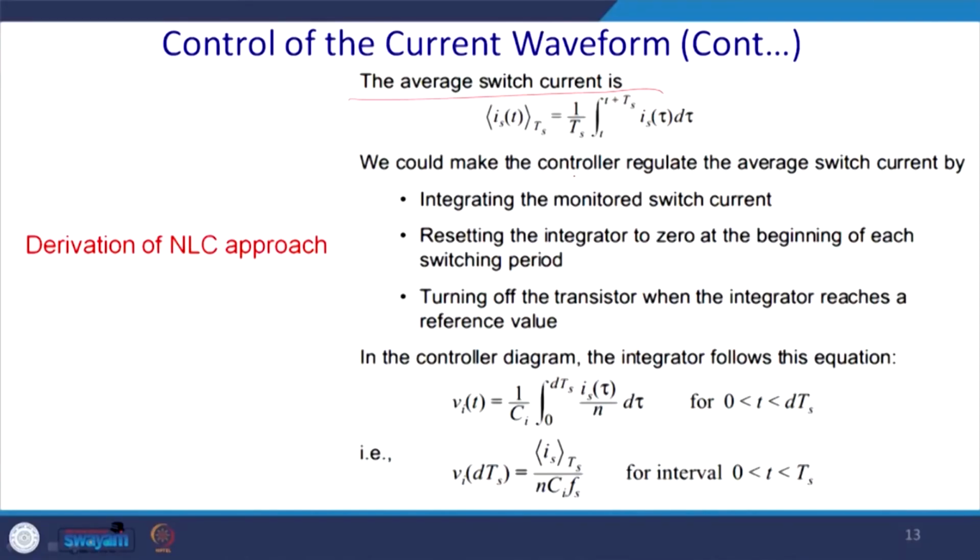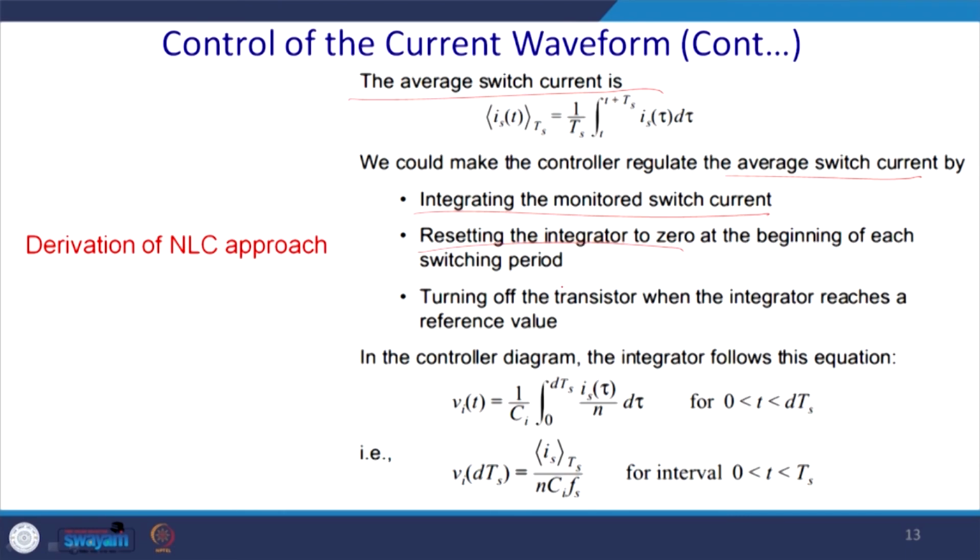So, what we can say is that this is the average switch control because of the capacitor, and ultimately you can integrate over it. We make the controller regulate the average switch current by integrating the monitored switching current, where previously it was the peak current, resetting the integrator to 0 at the beginning of each cycle.